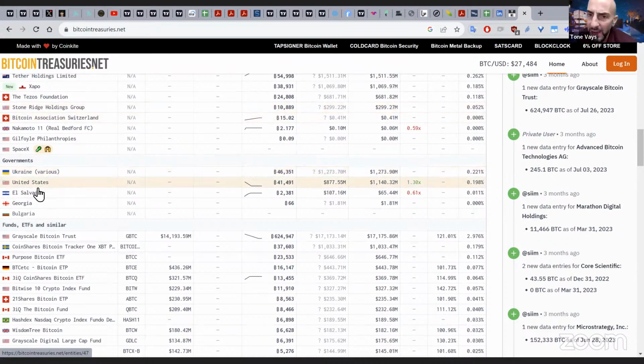Now, we can say that when the United States sells the 41,000 Bitcoin, they will just use the money to hire 41,000 IRS agents and that is to the benefit of the people because they'll collect more money and they'll build more roads, right? They can spin it that way, but technically, the U.S. spends the money on the people. It's just that sometimes, or most of the time, it's what they think the people want, which is more tyrannical dictatorship. Now, El Salvador definitely has this much Bitcoin, maybe even more, that they're not telling you about.